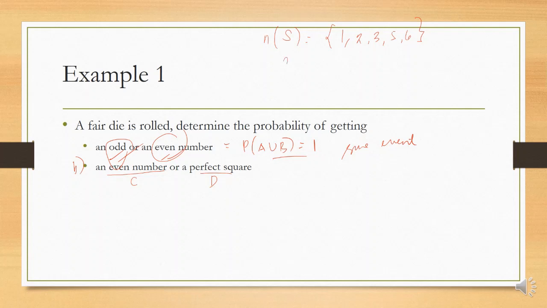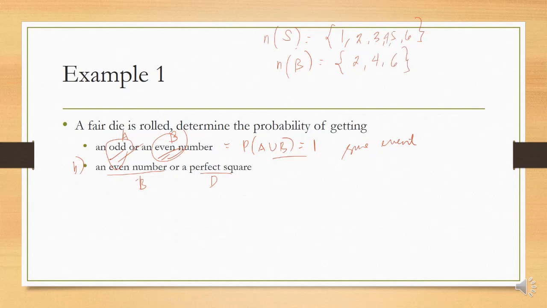So, for event A, this is event B, actually. Because this is A, this is B. Since that is even, so just event B. Repeating what I wrote earlier, for even numbers from the sample space, this is 2, 4, and 6.